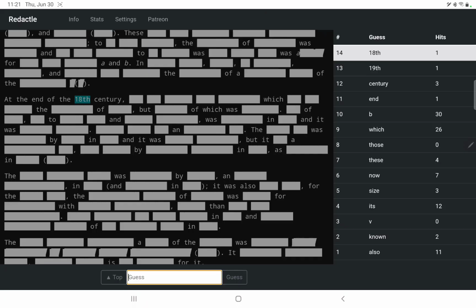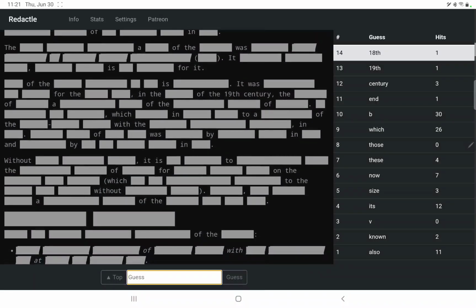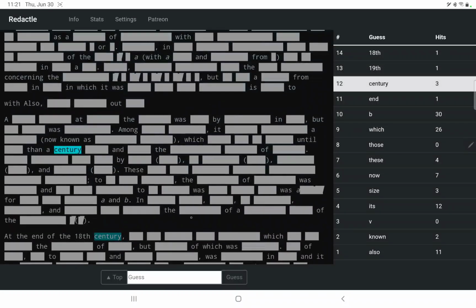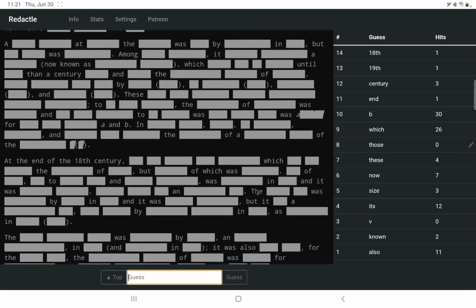Okay. Doesn't really help me, but oh, there's a 19th century. So we have 3 centuries, then a century before, after. No, neither of those are redacted.